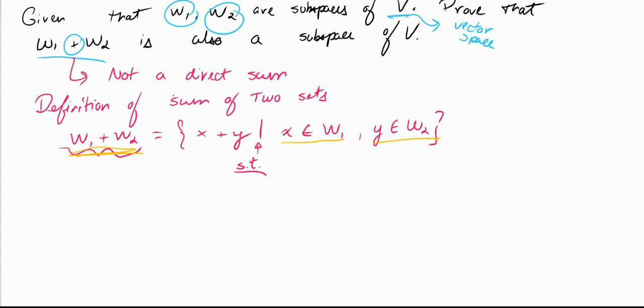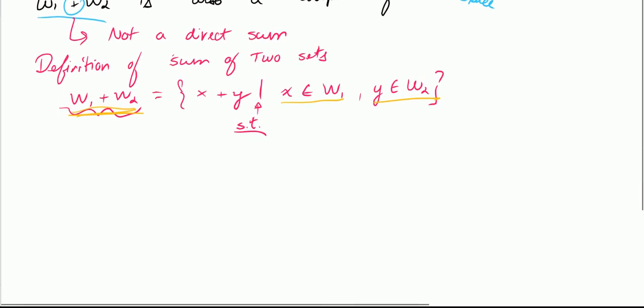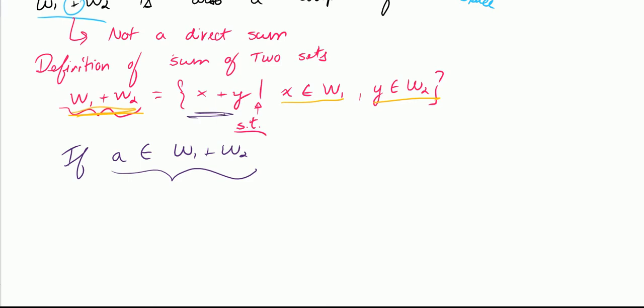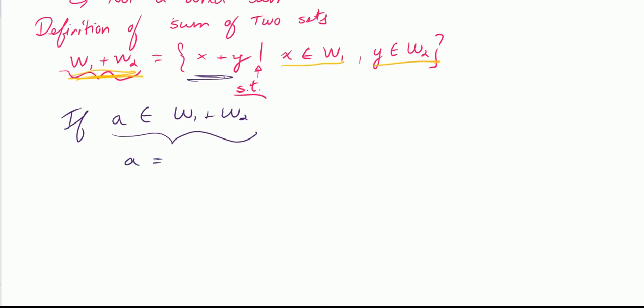In other words, if you have an arbitrary element A that belongs to W1 plus W2, then according to this definition, A can be written as B plus C, where I'm just creating two elements: the first element B belongs to W1, and the second element C belongs to W2.